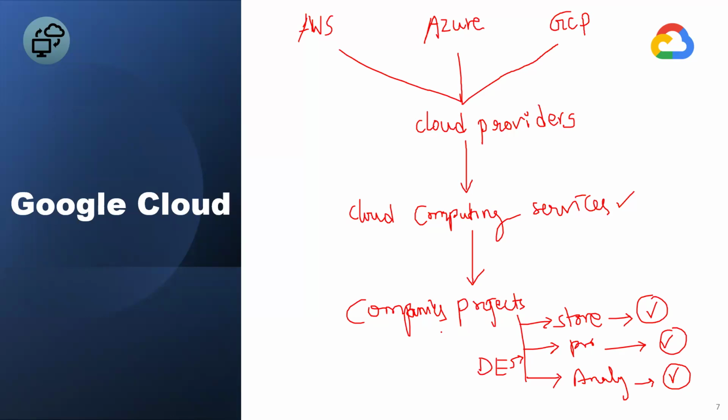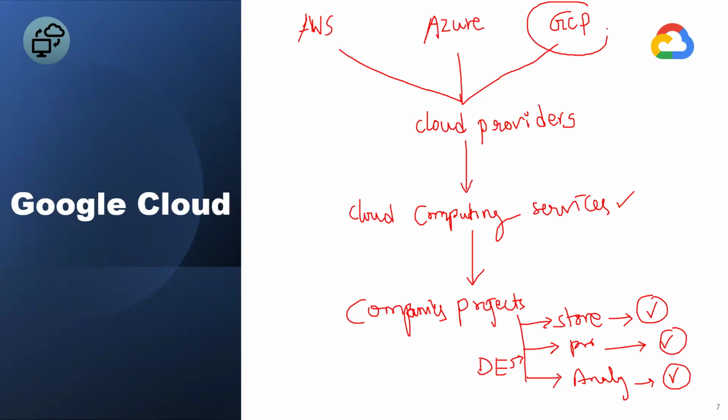For other projects, such as building an application, scaling an application, or creating containers, they do those things too. Whatever you need to do, there is a specific service available in the cloud computing services provided by cloud providers such as AWS, Azure, or GCP. So what is this GCP now?